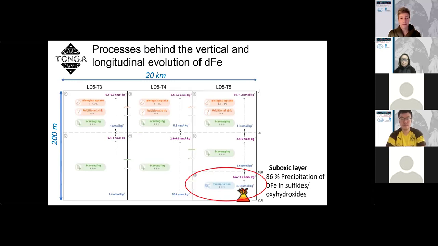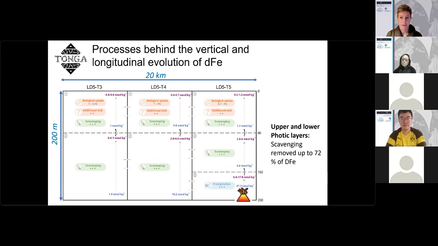Of course, I do not have to go into too many details, but in summary, what we found is that almost 90% of iron precipitates in the suboxic layer, that the scavenging, which is here in green, removed up to 72% of the remaining dissolved iron, that biological uptake in orange represented only a negligible iron sink in such high iron-rich environment.